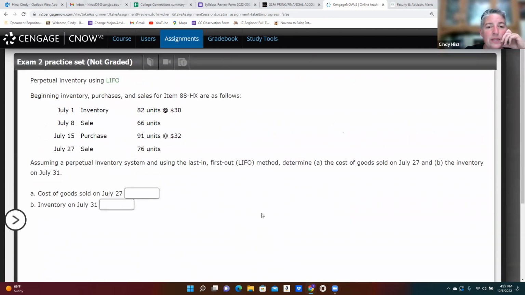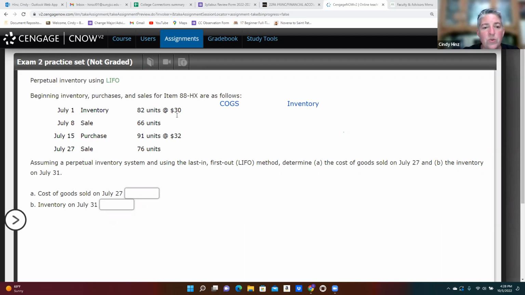Okay, now we have a similar exercise, and now we're using the LIFO method, but still the perpetual system. So I'll set up cost of goods sold. Let me pay attention to what we need here. Cost of goods sold on the 27th, and then our remaining inventory.